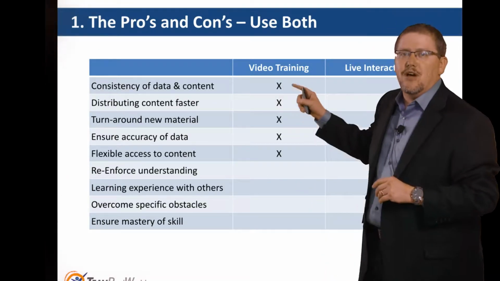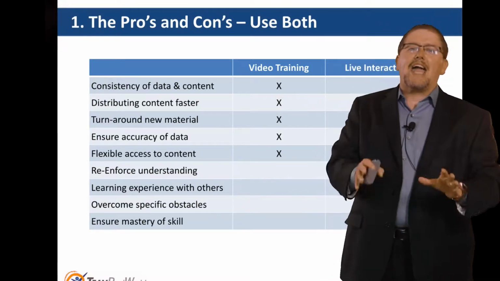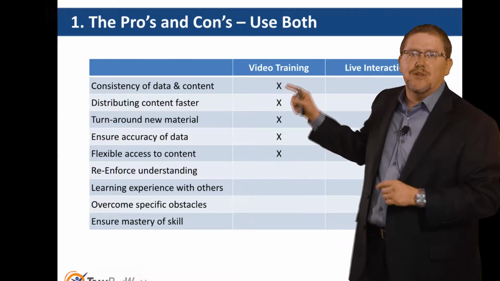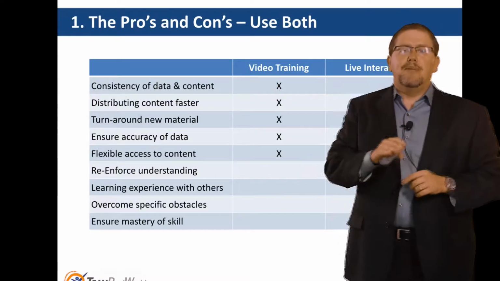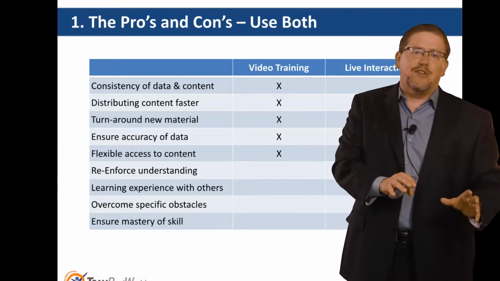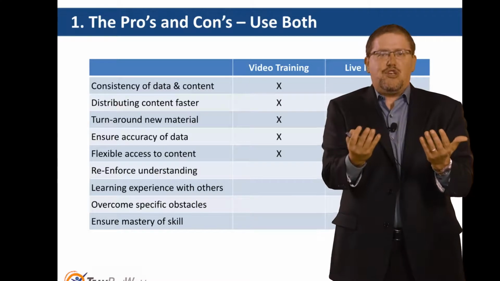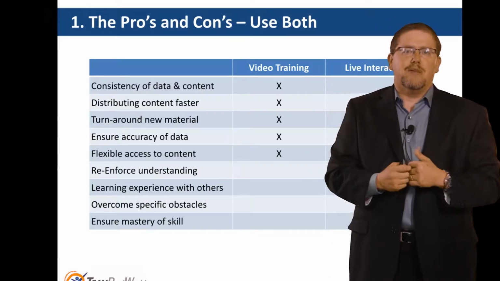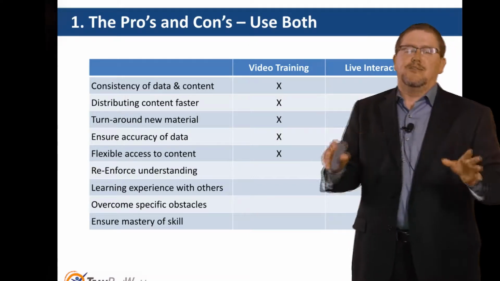So that's the benefit of video training. Another benefit is that you ensure the accuracy of the data. This is very consistent with the fact that you have consistency across, but that you ensure the accuracy of the data. You can match your video training with your procedures and guidelines, which we'll talk about in just a minute, and create a higher standard of performance and excellence throughout your teams.